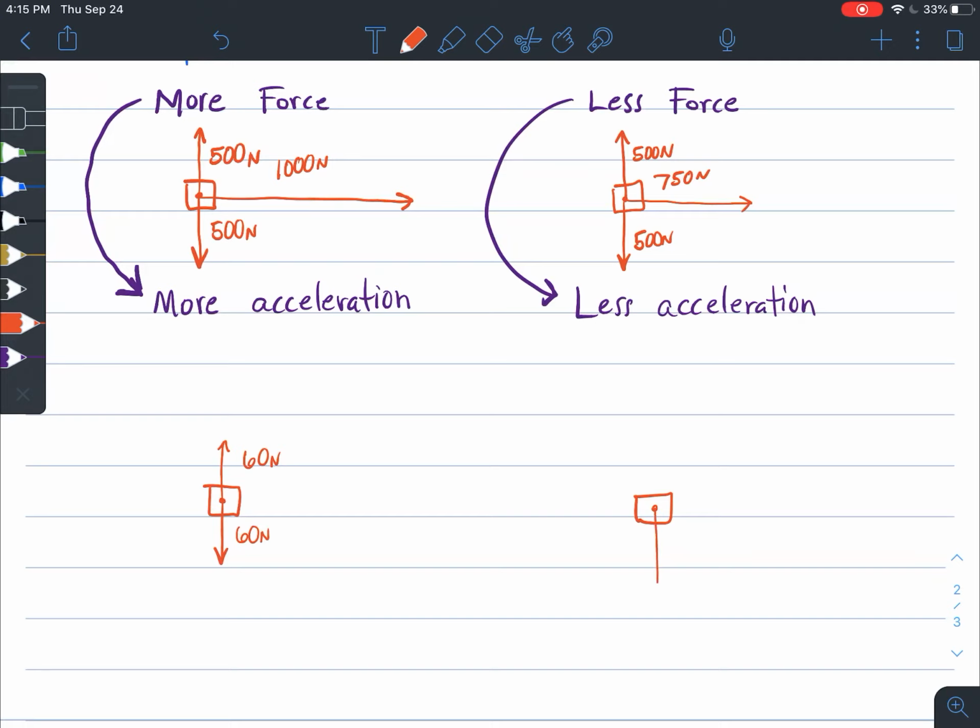If we increase the mass, then this other object is going to have a stronger force down on the ground. And let's say that this time it's 150 newtons. Now these arrows have to be equal in size and opposite in direction to show that this is balanced and it's not in motion. So we have two objects here.